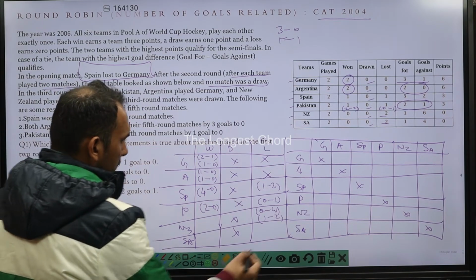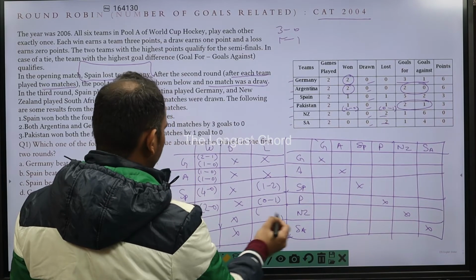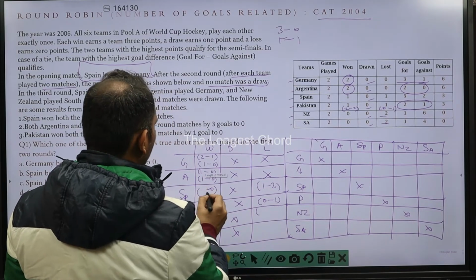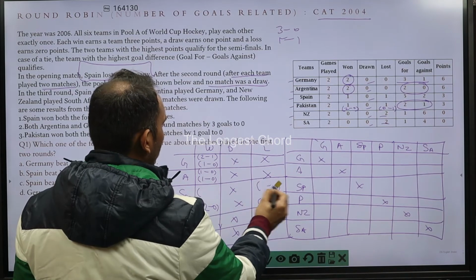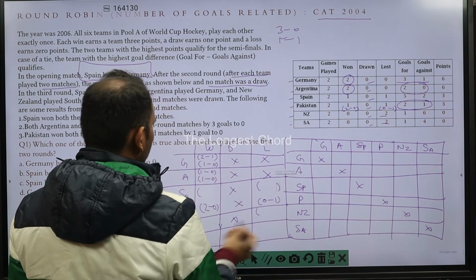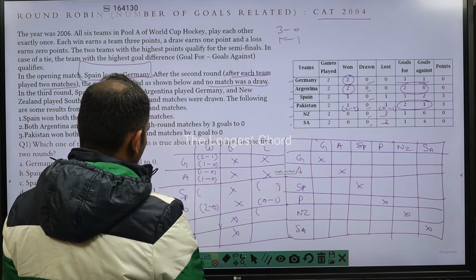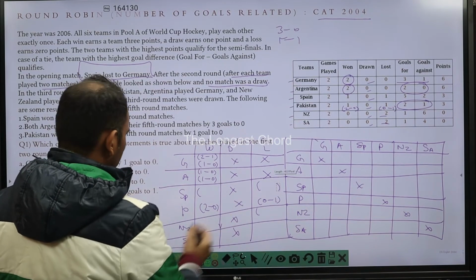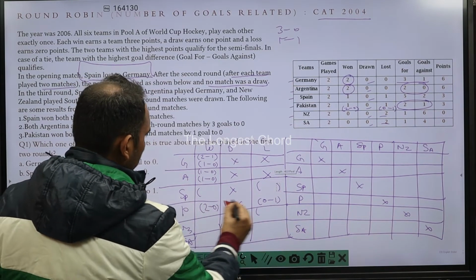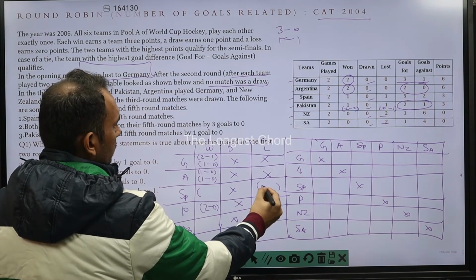We can just remove this: this should not be 0-4, this should not be 4-0 and this should not be 1-2, and so we can just go with the other option. We can take this as 0-1 now.